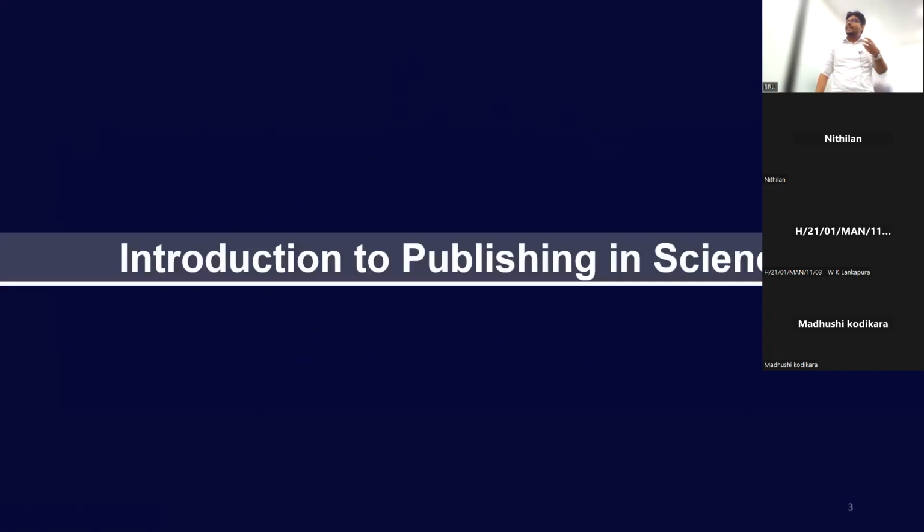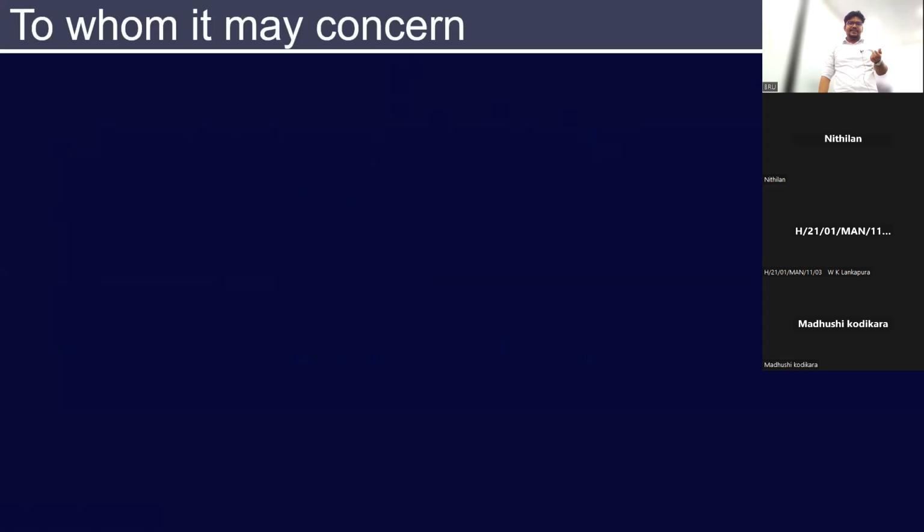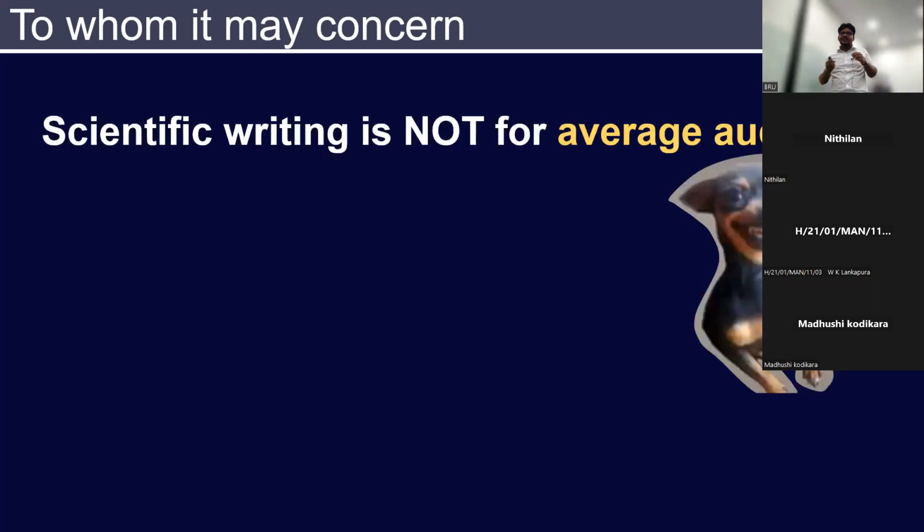Now, introduction to publishing in science. I would start with a more broader perspective, why this particular thing is needed. So it's not for the average audience. You are not writing for people who are reading newspapers, or a general audience who have a different pedagogy other than science or scientific notion. So what do you mean by an average audience?